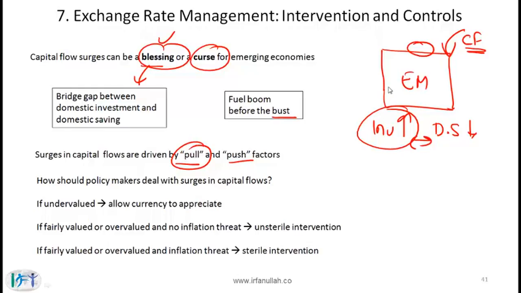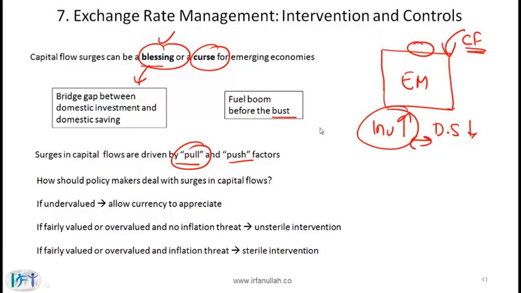Essentially, if good things are happening in your country, for example, the economic management by policymakers is good, if we expect declines in inflation rates and declines in inflation volatility, if we have a relatively flexible exchange rate regime, and so on, these will result in pull factors which cause capital flows to come into your country. Push factors have to do with what's happening outside your economy.